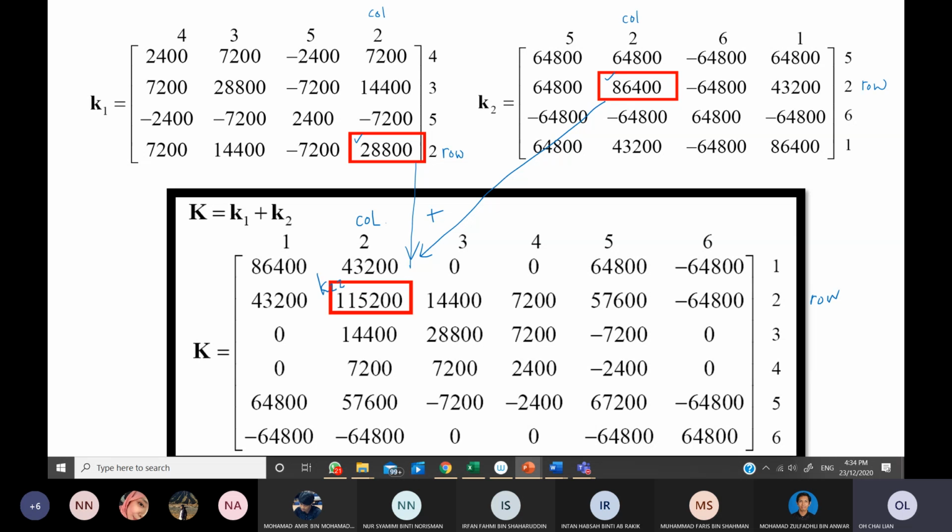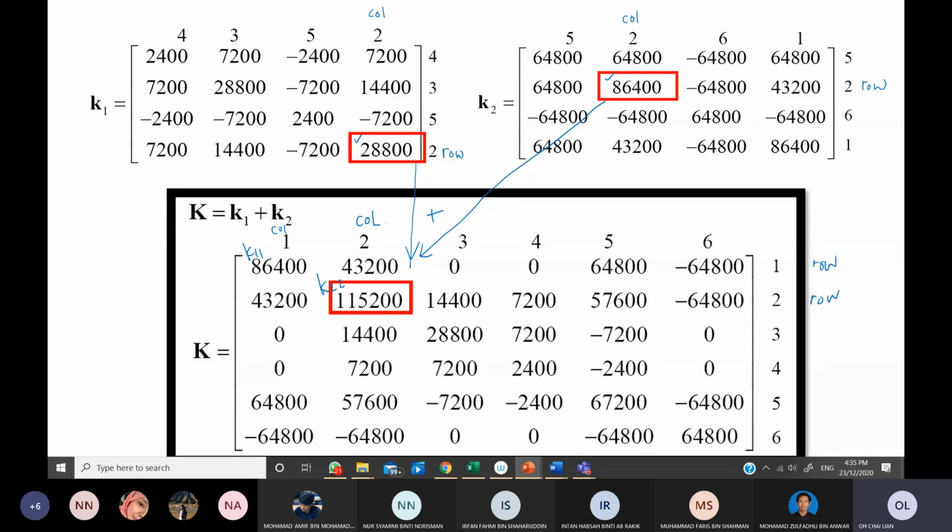Okay, maybe we can go to another one. The one that is happening at K2, maybe not happening to K1. Let's say K11. So meaning that you are referring to column number 1 and row number 1. If you find that in K1, there is no column number 1 and row number 1, meaning that there is no input from K1.